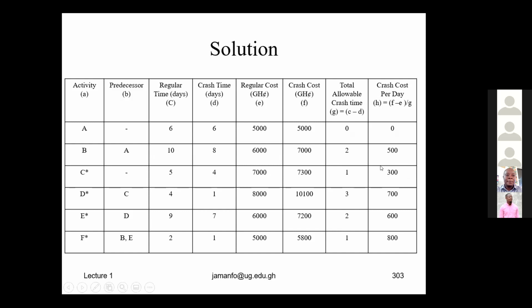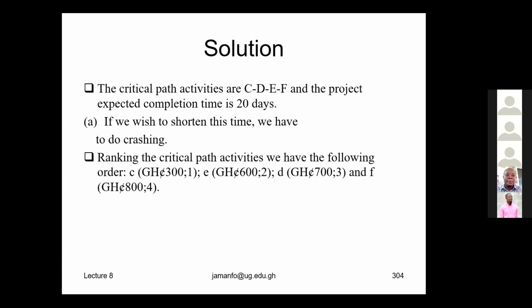But here E is depending on D. D must be done before E. So when we jump E... In crashing, ignore the precedence relationships. Focus on which cost is lowest first. Okay, so let's go.